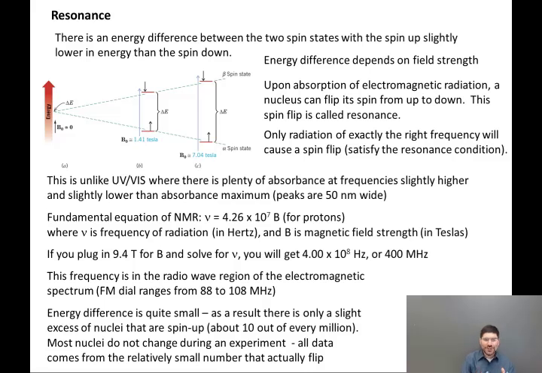So most nuclei are not actually changing during an NMR experiment. And all the data that we get comes from the relatively small number of nuclei that actually do flip spins when you put them in a magnetic field and expose them to RF radiation.